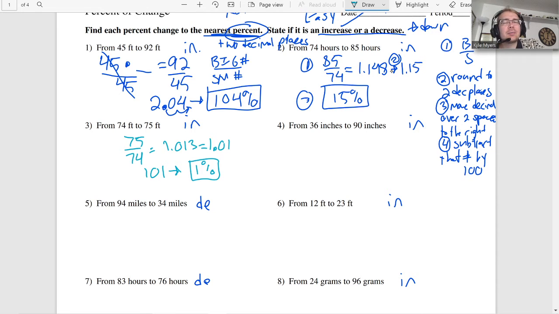The reason why we have to subtract by 100% or subtract by 1 before we turn it into a percent is because we're measuring the percent increase. So it's sort of like tax. If you've ever bought something and you have to pay tax on it, you have to buy the thing, and then you add the tax to it. So in Florida, for instance, it's 8.5% is the tax.